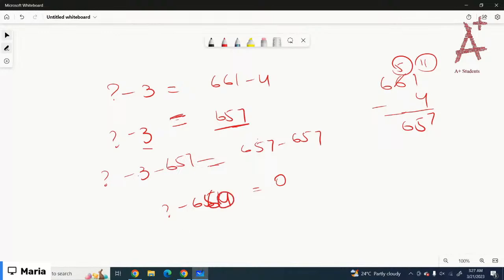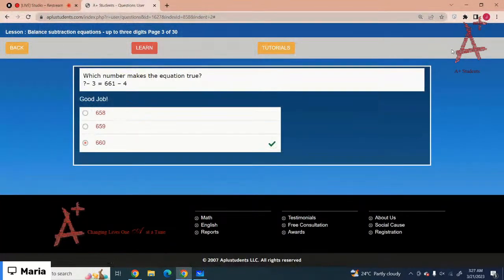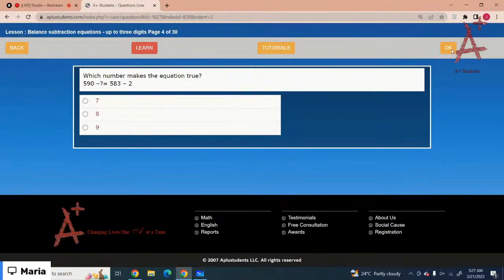Got it? So the correct option is 660. You have to add, not subtract. Got it? So it is 660.